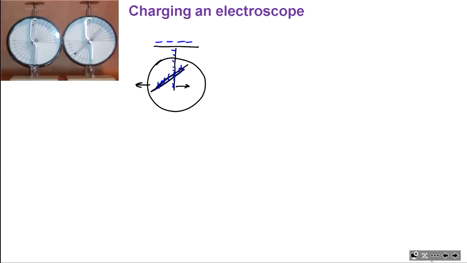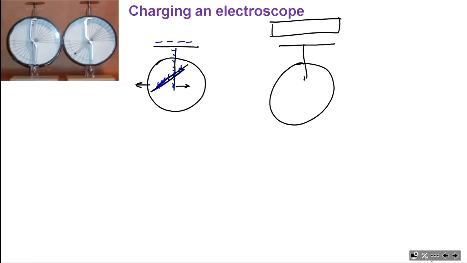Now, a different experiment has two stages. Stage number one: I hold a negatively charged object close to the plate.